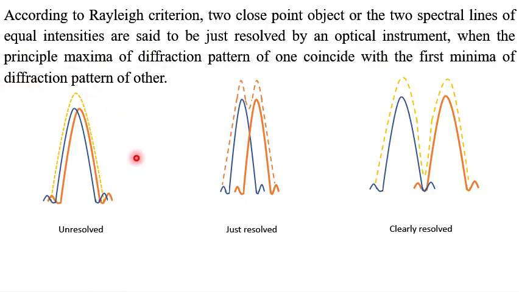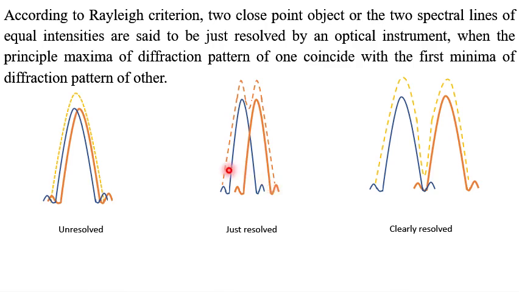Suppose there are two lines, one of blue color and another of orange color, and suppose their maxima are formed. If the maxima of the blue color line overlaps with the first minima of the diffraction pattern of the orange color line, then we can say that these two objects are just resolved.